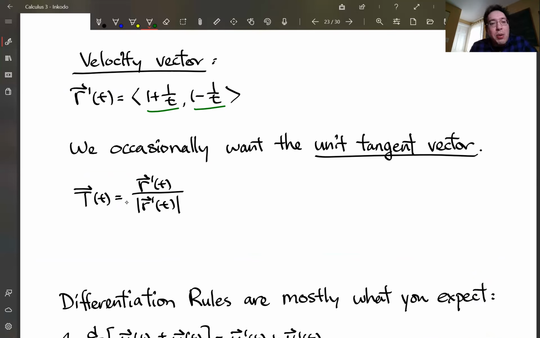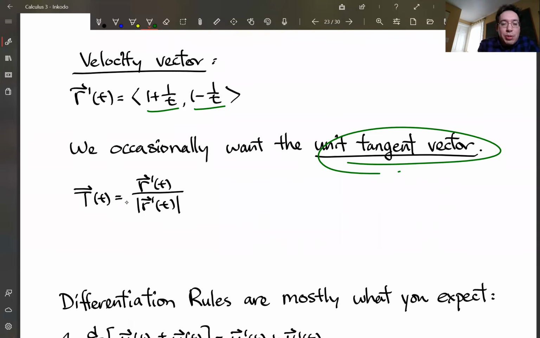Okay, so I should add one more thing as long as we're talking about derivatives. Sometimes we don't really care about the speed at which the particle is traveling. You care about which direction it's traveling. And then sometimes it's convenient to remove that speed, so you just look at the direction. So in that setting, what we might want to compute is what's called the unit tangent vector.